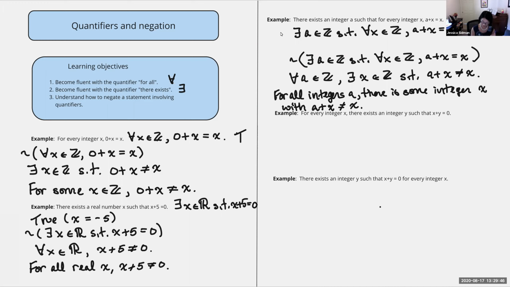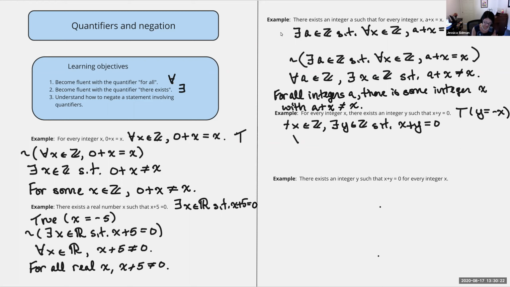So this is a true statement, just like the other one. And the y that we're looking for would be y equal to negative x. In logical notation, we could say for every integer x, there exists an integer y such that x plus y equals 0.